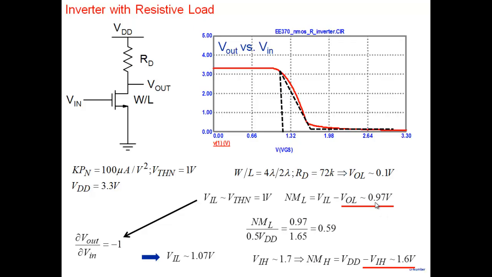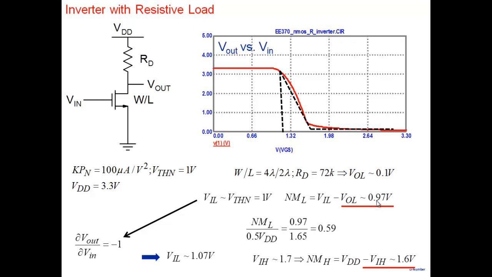My effective noise margin is then only 1 volt, because it will be determined by the weaker or the lesser value here. So now the issue arises: should I do something to my characteristics to decrease this value and increase this value? Shall we try and increase this value?